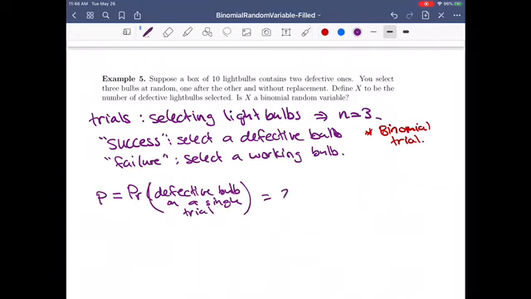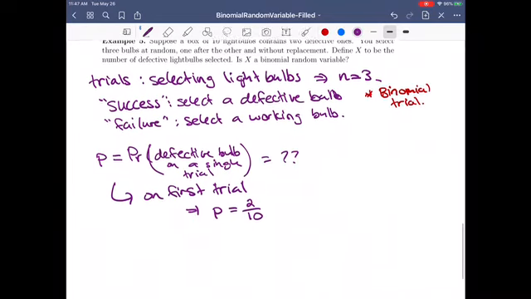So how would we compute that? So on the first trial, before we've selected any bulbs, we know that there's 2 defective ones out of 10 in total. So p is going to be 2 out of 10.